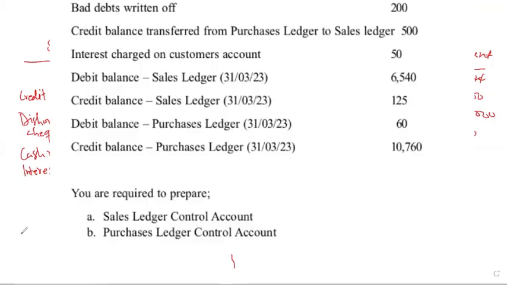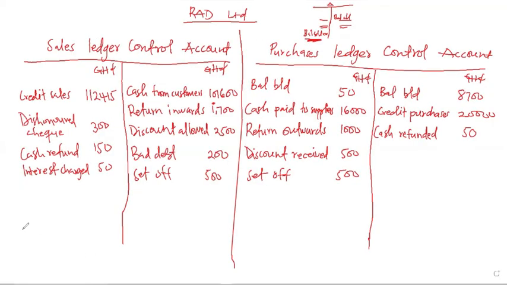It means the balance brought down, that is after the 2,000. The balance brought down, which is 6,040, will be here. Hope it's clear.